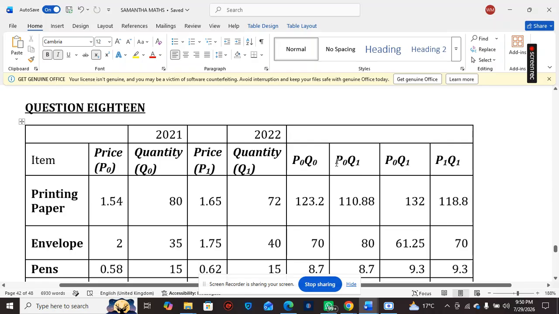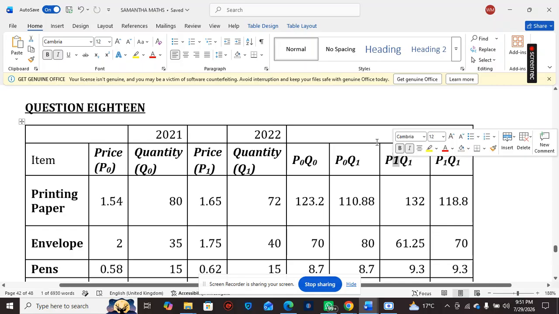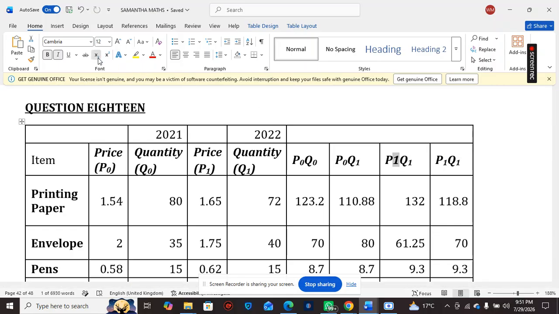So here, as I said, P0Q1, you're multiplying the 2021 price with the quantities for 2022. Then here, this one is supposed to be P1Q0.